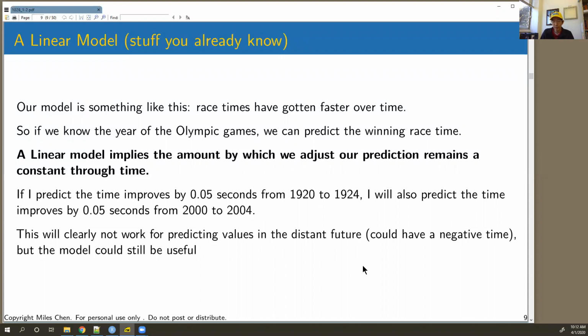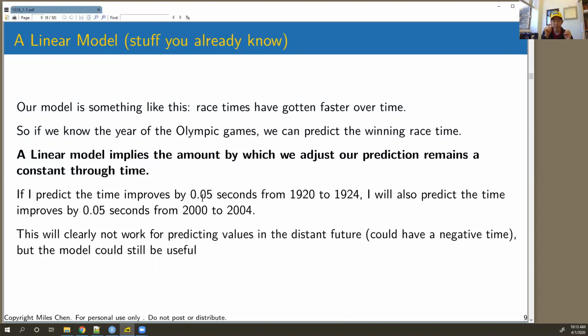And if we're going to use a linear model, the amount that we adjust when we make our prediction is going to remain constant throughout the data set. Meaning that if we say the time improves by 5/100ths of a second between 1920 and 1924, then we're also going to say that the improvement between the year 2000 and the year 2004 is also 0.05 seconds.